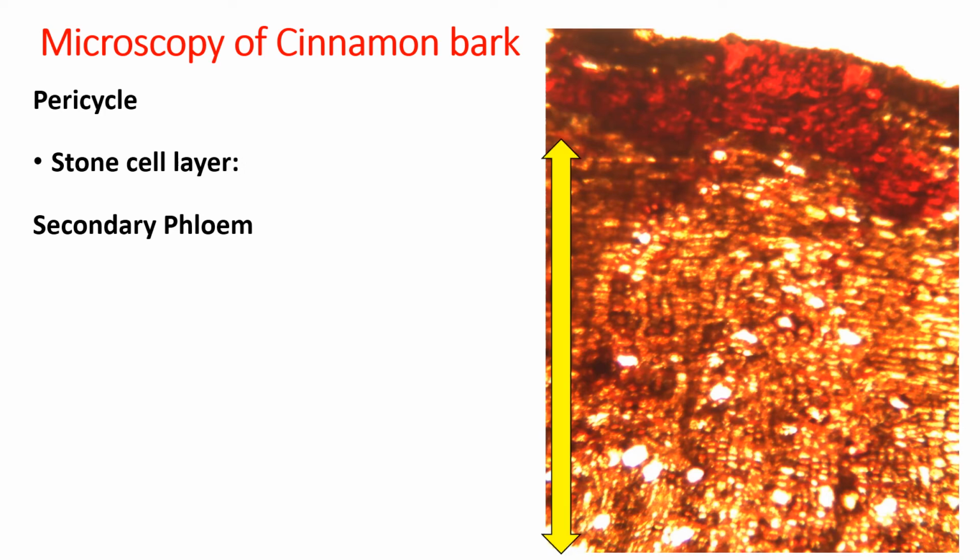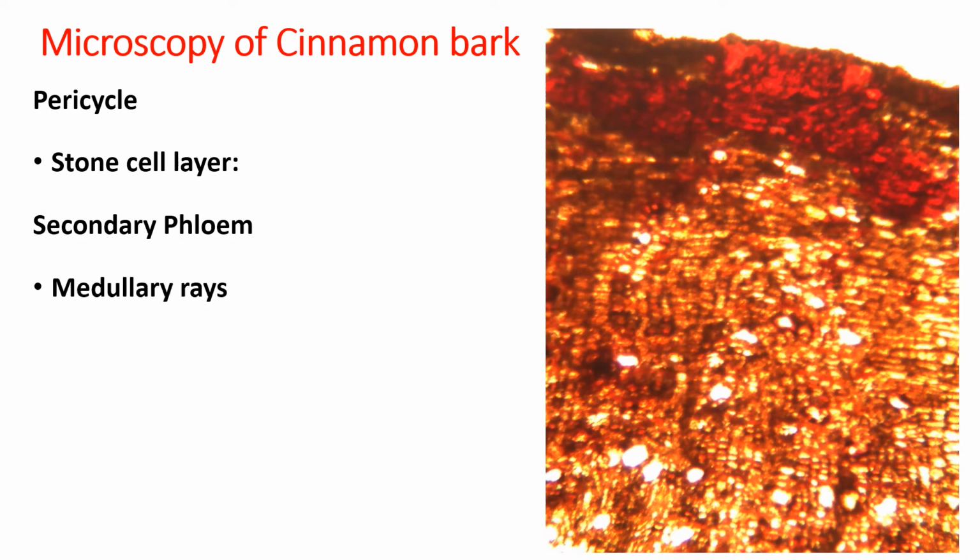That means this phloem was initially functioning, that is it was conducting food material, but now it has been pushed into the bark, and you know the entire bark is a dead tissue. So this is called secondary. You can remember it in this way: this phloem is no longer functioning now. It is retired.